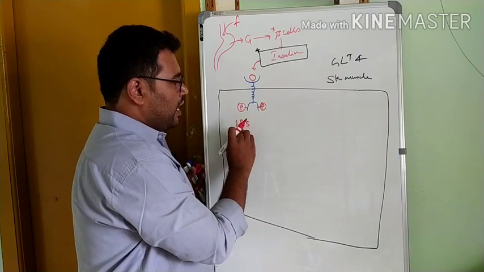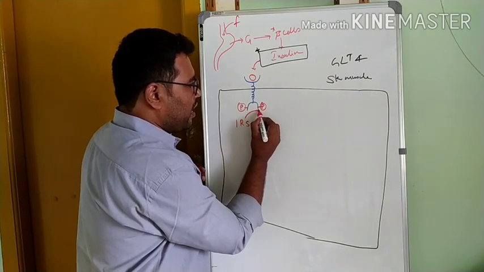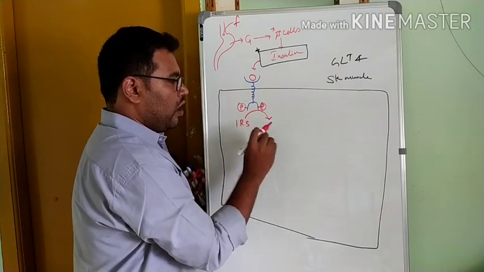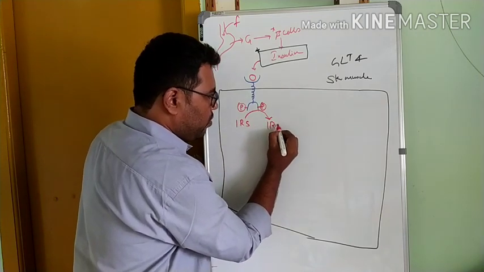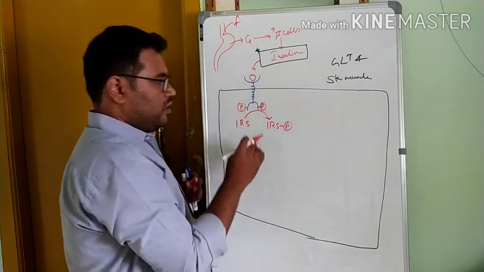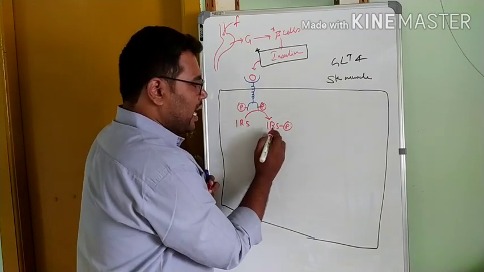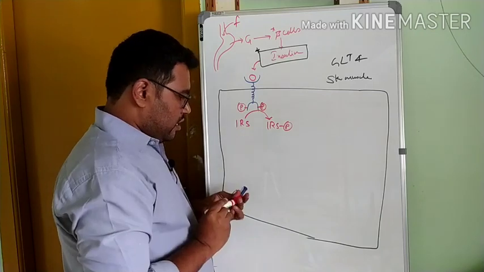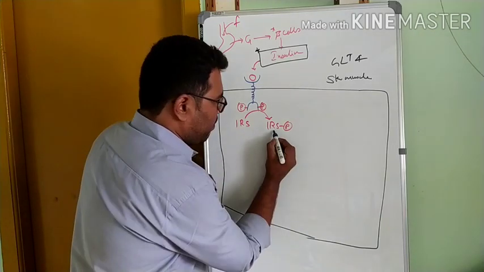So when these IRS molecules are attracted by the intracellular membrane, these IRS will also get phosphorylated, right? So whenever this IRS molecule gets phosphorylated, they will activate secondary messengers.